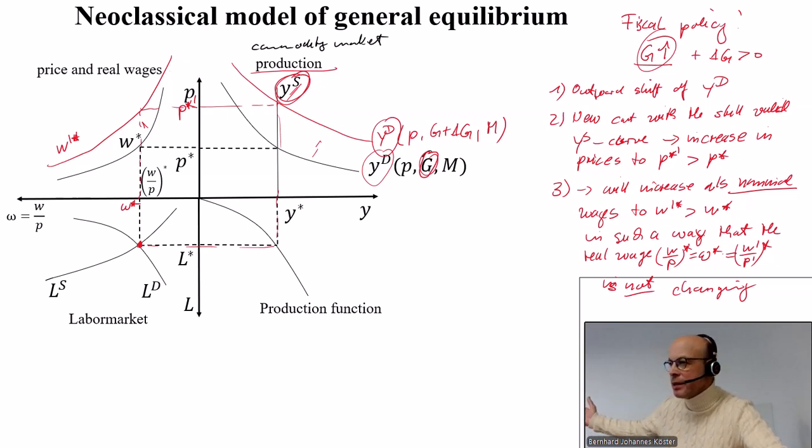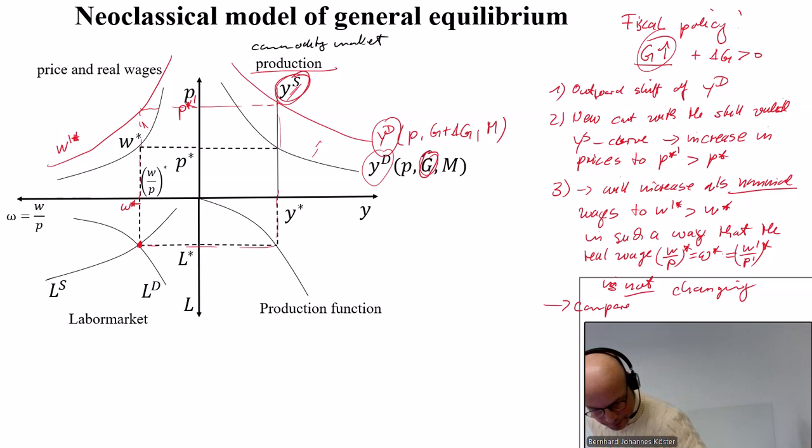Compare this to the argument of dichotomy, about which we have talked in the topic of money, when we talked about the quantity theory of money. So compare this with the dichotomy.